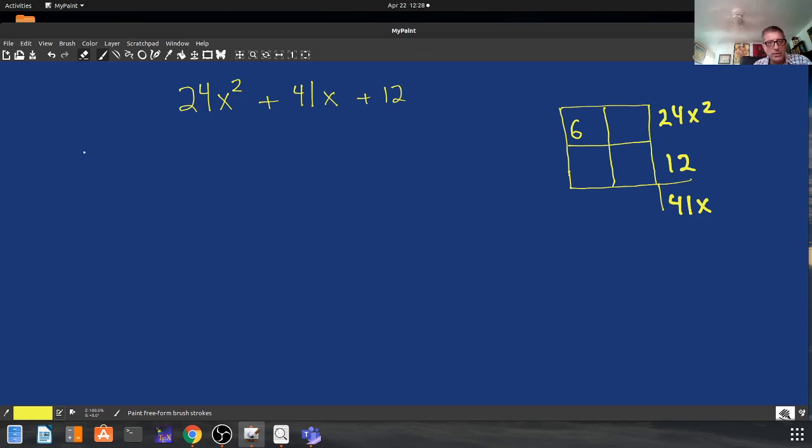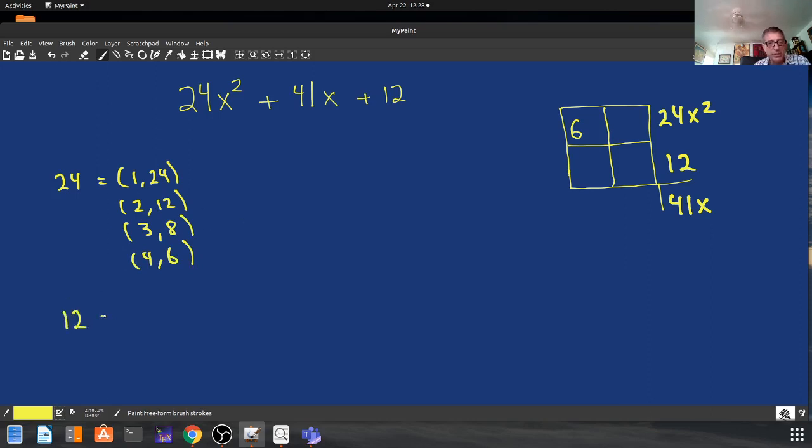So 24. There has to be an x in one of these. So let's look at 24. 24 is equal to 1 times 24, 2 times 12, 3 times 8, 4 times 6. So those are a lot of factors.